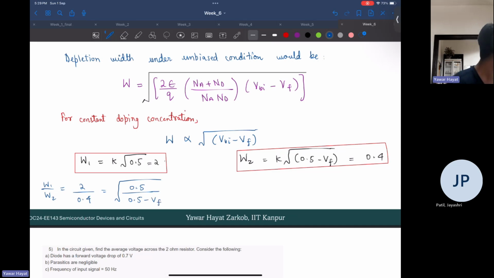From this you can compute VF. Your VF would be equal to 24 times 0.5 divided by 25. Just verify it, and you'll get the answer VF equal to 0.48 volts.